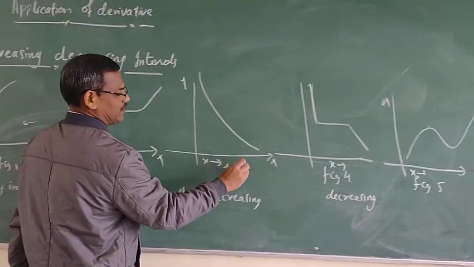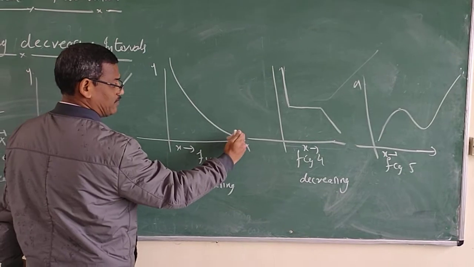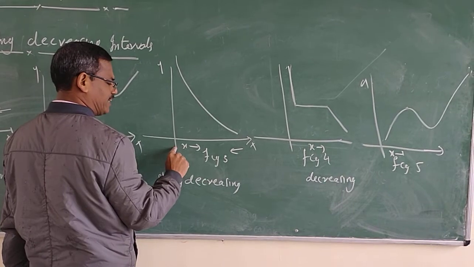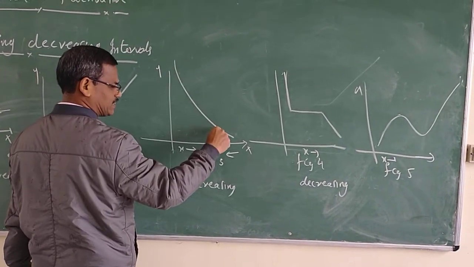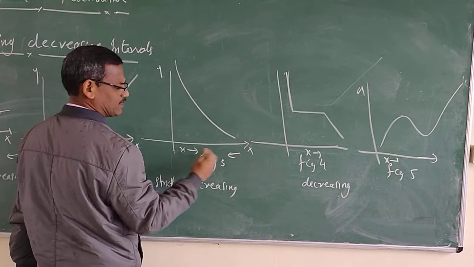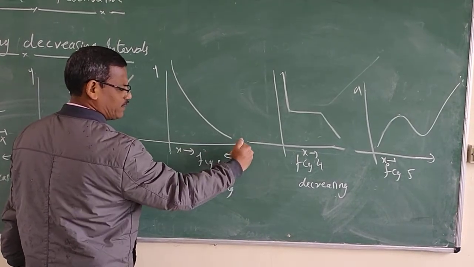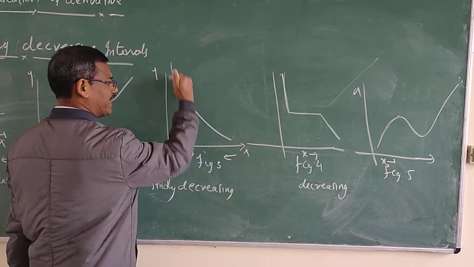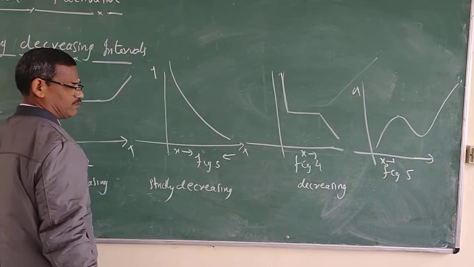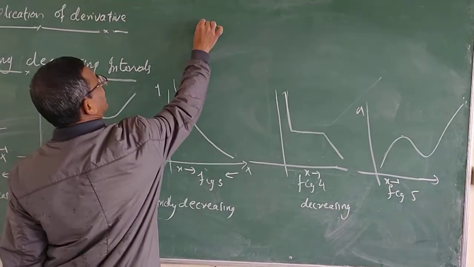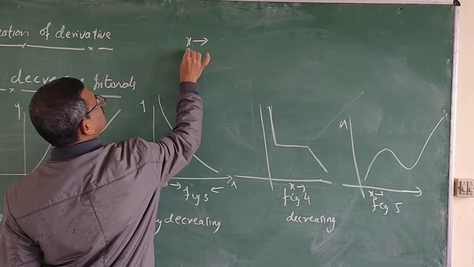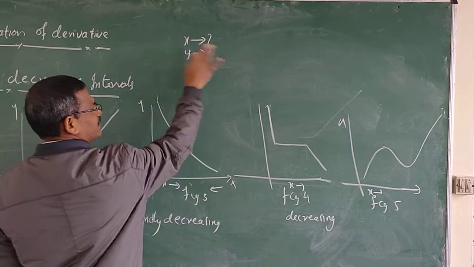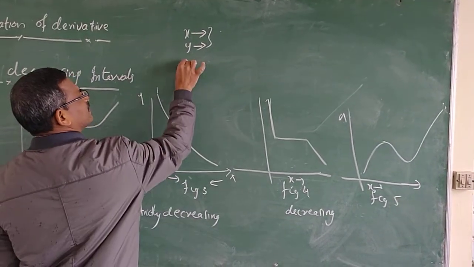And here you see, if I move like this, when x decreases, y increases. In the other direction, when x increases, y decreases. So it is a decreasing function. So in general, we say like this: when x moves, y also moves in the same direction, then it is an increasing function.